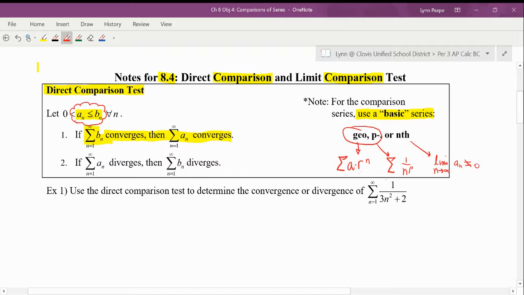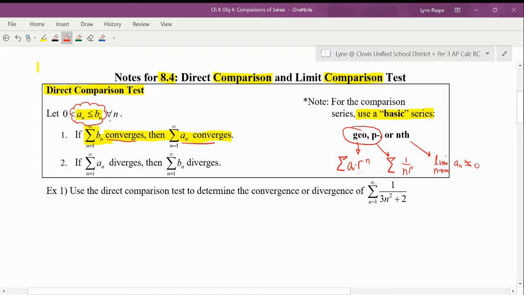So what we're saying here is that if we know that Bn, which is our larger termed series, converges, then one that is smaller than it would have to converge as well, right?